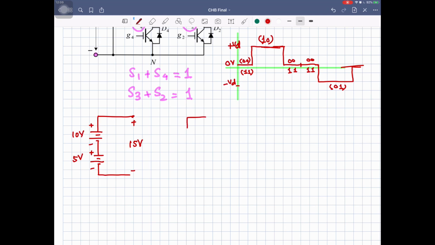But if this source is 10 volt and I connect the other supply with the opposite polarity, this is plus minus 5 volt. So what will be your output voltage if I keep this point as reference? With respect to that, the output voltage will be 5 volt. Now this will be a potential of 5 volt with respect to our reference.